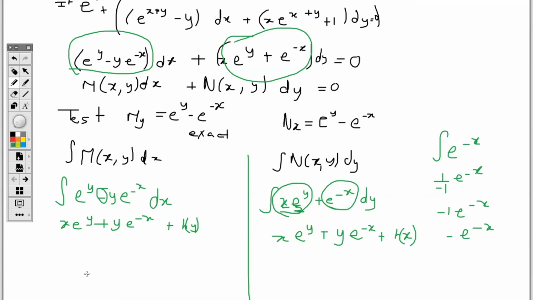Comparing what we have will give us the solution. I have x e to the y, and I will write it once. So I have x e to the y. Comparing again, we have the same thing here. So I have plus y e to the minus x. And there's nothing more that I can compare, so it will be equal to our constant c.